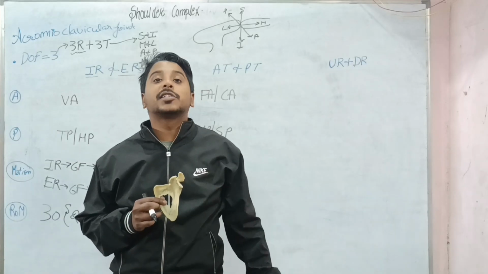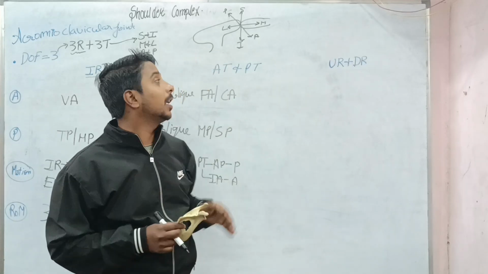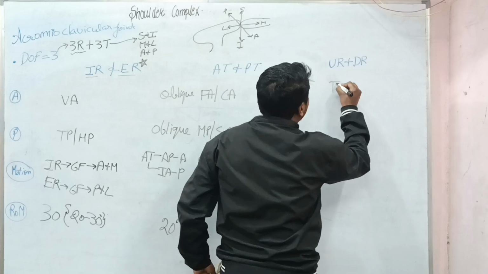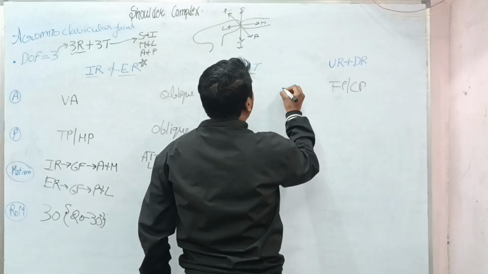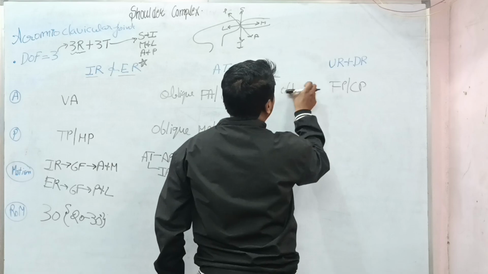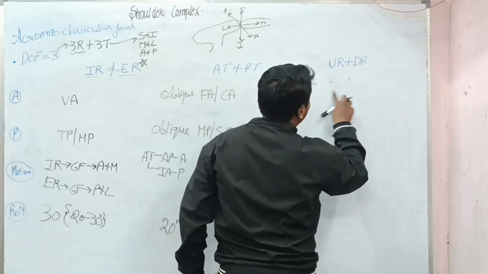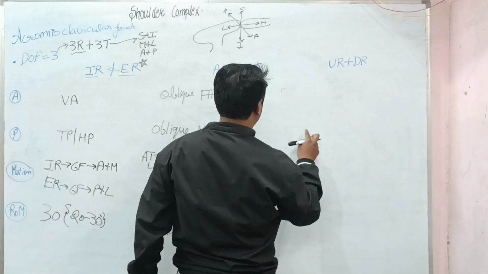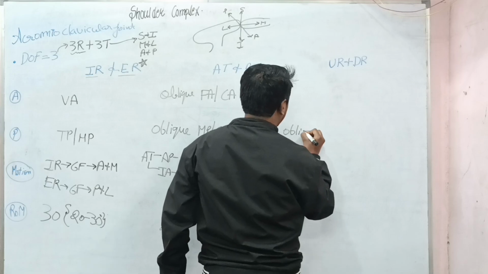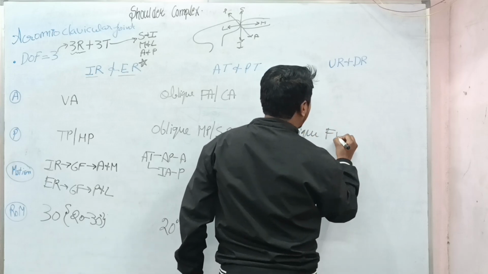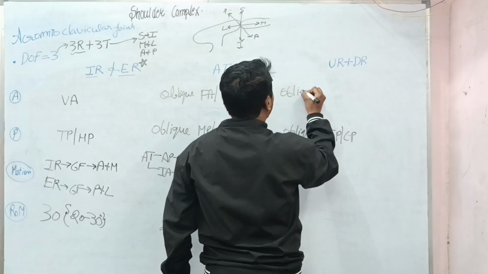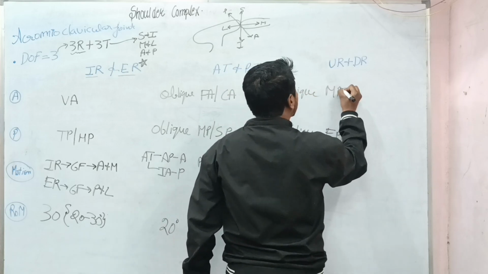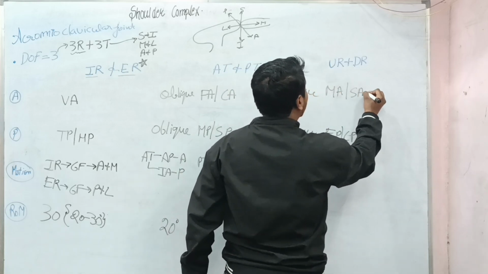It is the abduction-adduction plane, that is the frontal plane or the coronal plane, and it is oblique. The axis is oblique, the medial axis or the sagittal axis.